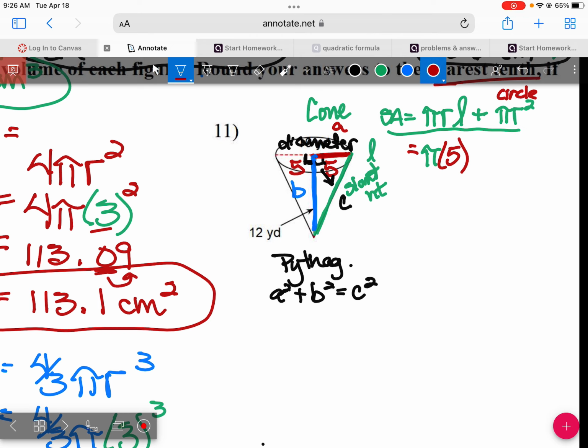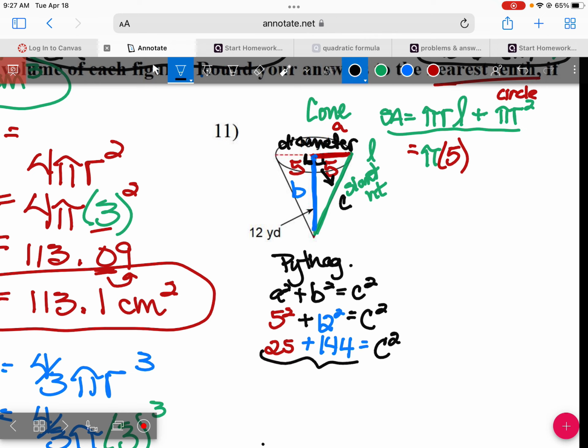So I'm going to make my a 5 squared plus my b is... What is my b? Yes, 12 squared equals c squared, which is what I'm looking for. 5 squared is 25. 12 squared is 144. C squared is still c squared.